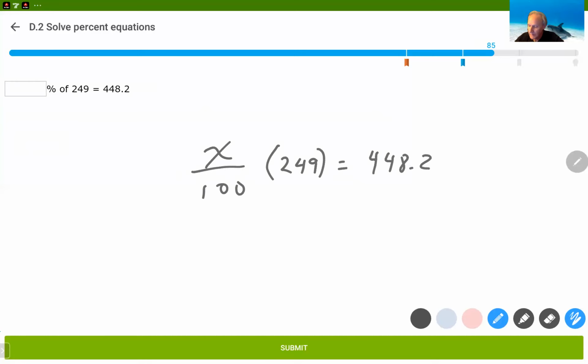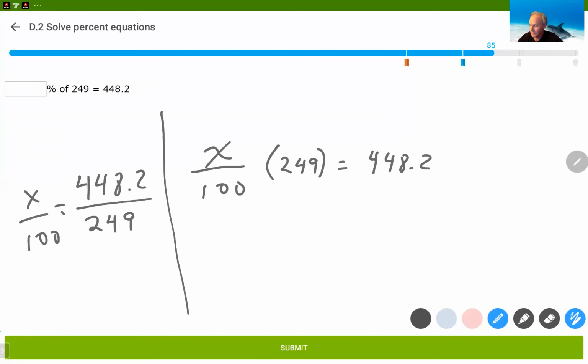I kind of like 448.2 over 249 equals x over 100. Either way, it doesn't matter. In this one, I'm going to multiply by 100 over 249. In this one, I'm going to cross multiply and then divide by 249. Either way, you can solve it this way.